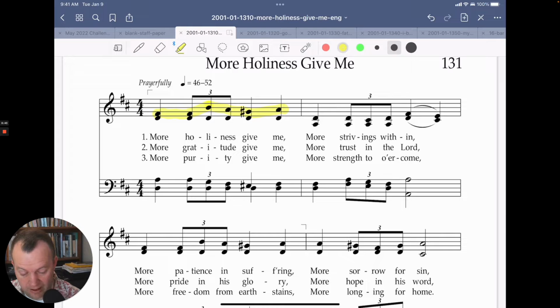And we have a bass line that stays on D the whole time. So by motion, I mean comparing the bass line to the soprano line. Are they moving the same direction? Are they moving the opposite direction? Are they moving exactly the same direction? That's what I mean by motion.